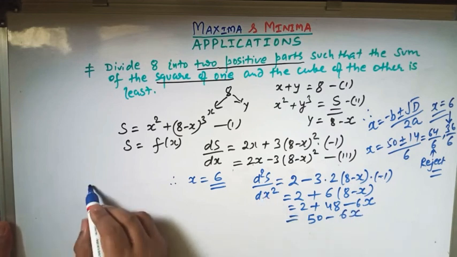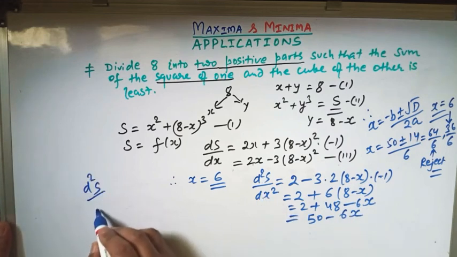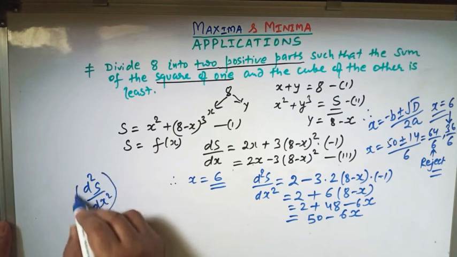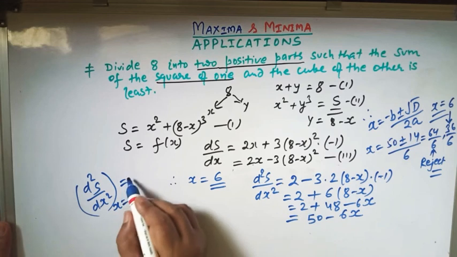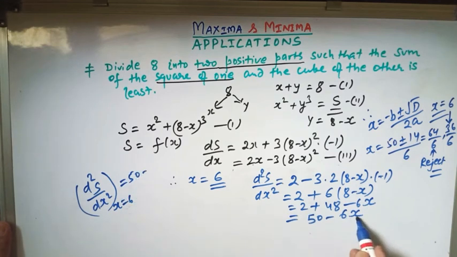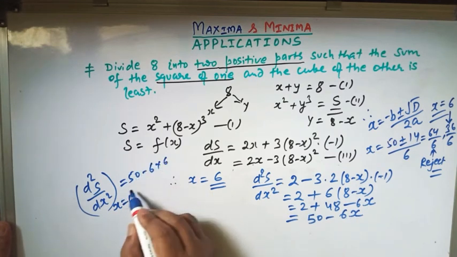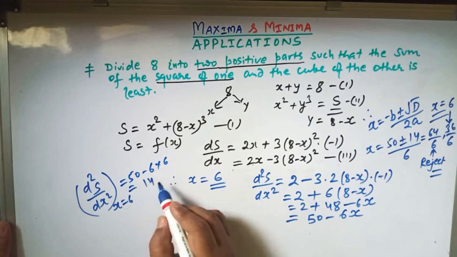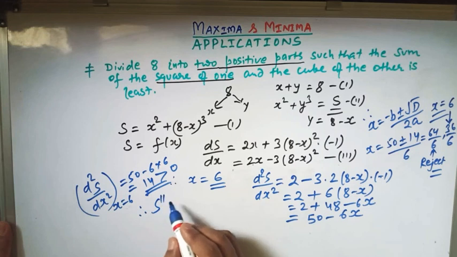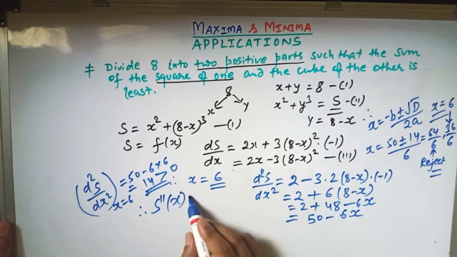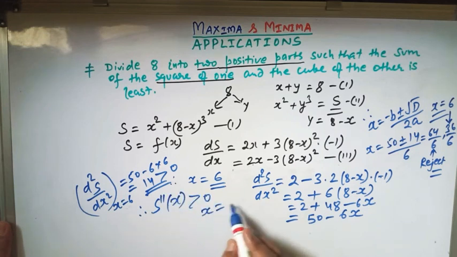So if we substitute the value of x equal to 6 here, we see that this is 50 minus 6 sixes, which is 36, and it is 14, which is greater than 0. So therefore the second derivative of s is greater than 0 at x equal to 6.